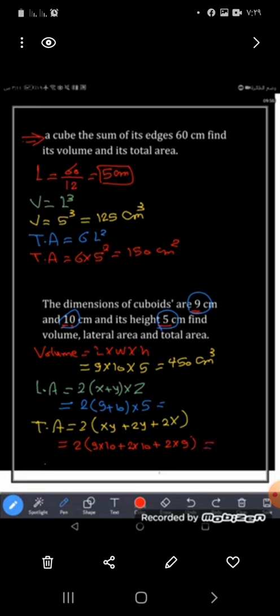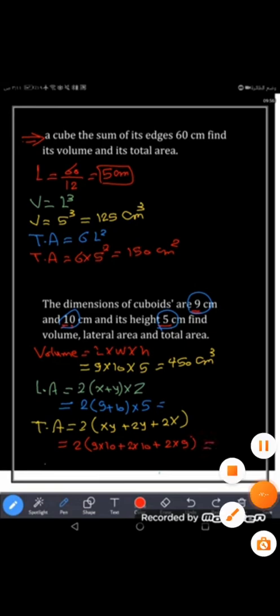Lateral area, we have to know, lateral area equal perimeter by height, or we can say 2 open brackets x plus y by z. X means length, y means width, z means height.